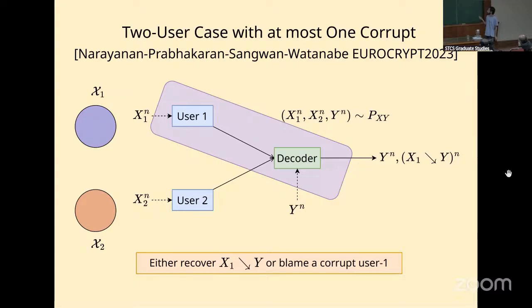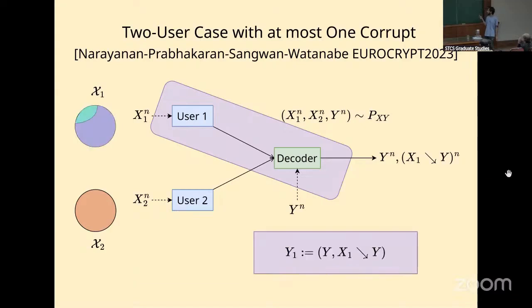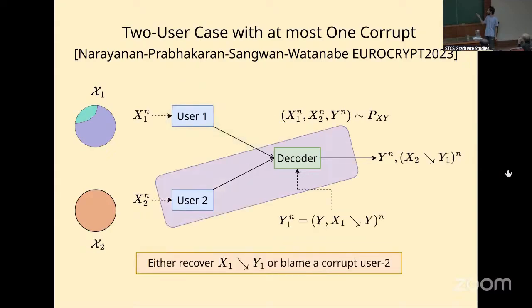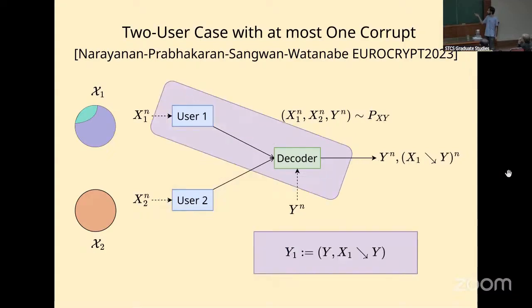But now the decoder can actually learn much more than this. It can upgrade its own side information with this new variable, which is the old side information, which was y, and the new verified object, x1 down arrow y.